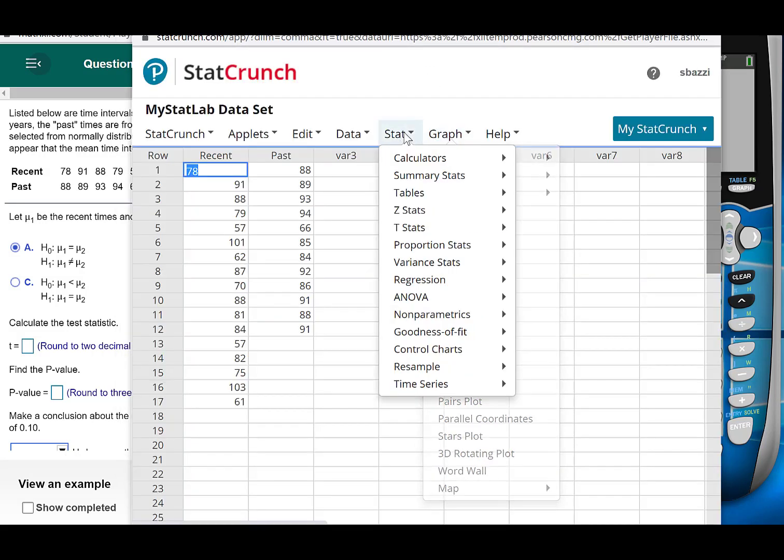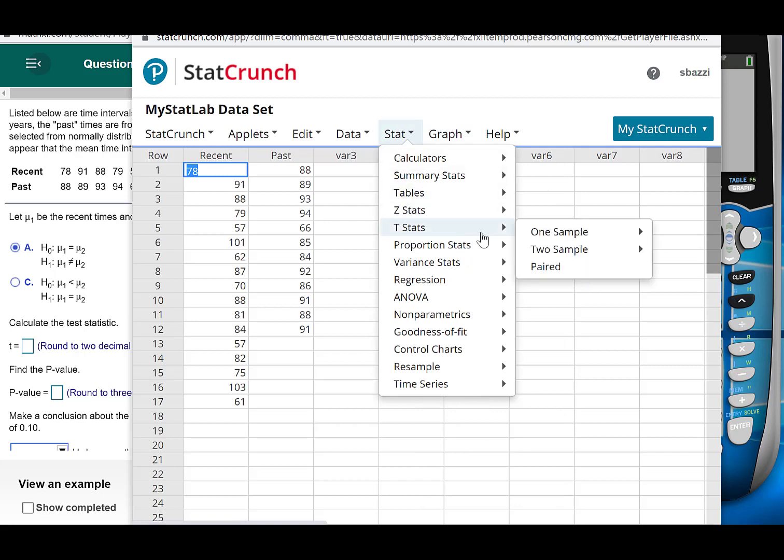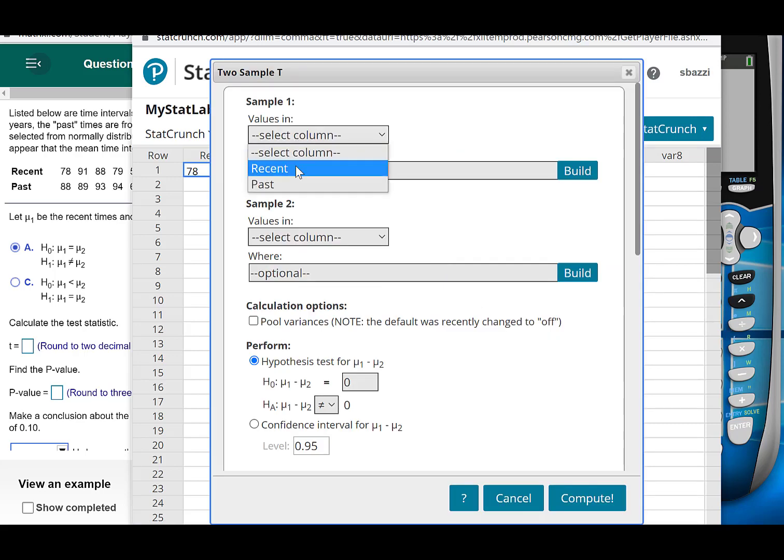So stat, t-stat, 2 samples, not paired, they're independent. Actually, if they were paired, they have to be the same size. Look here, guys, this has more items than the second one, so they can't be dependent, impossible. 2 samples with data, select column 1 recent, select column 2 past. They're not pooled, so leave it alone.